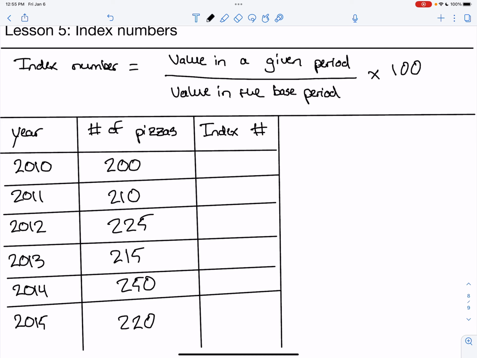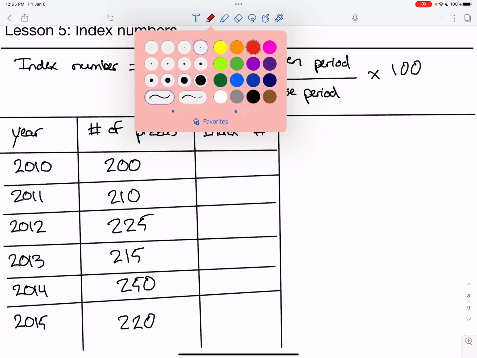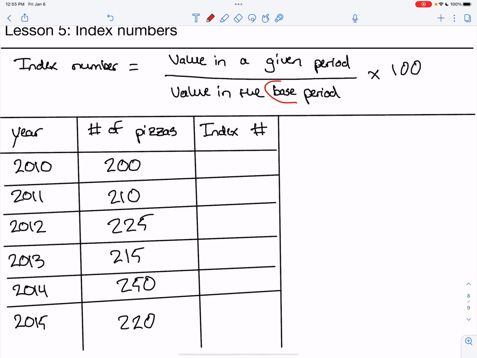The first thing we have to do to construct an index number is choose what I've called up here a base period. In our case, we want to determine a base year. The base year is just another way of saying the starting year. For simplicity's sake, let's choose 2010 as our base year. You might notice just by looking at the formula that the index number in the base year is always 100.